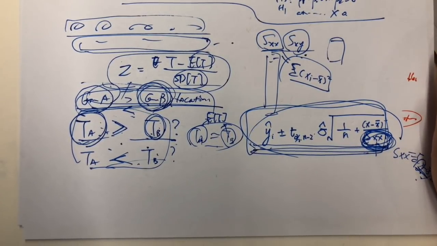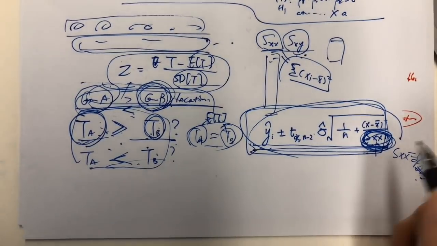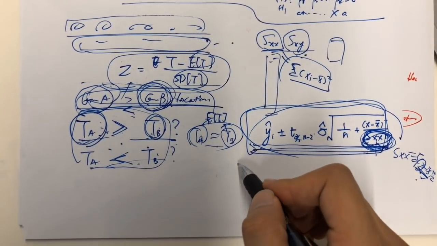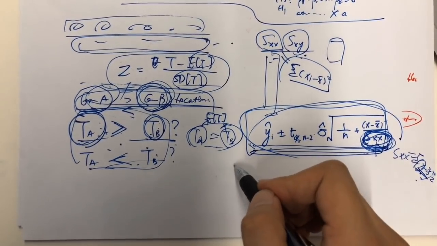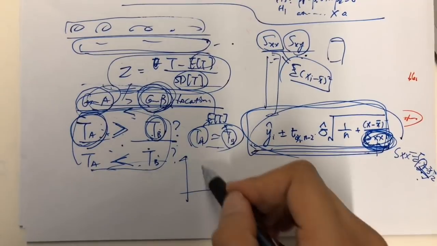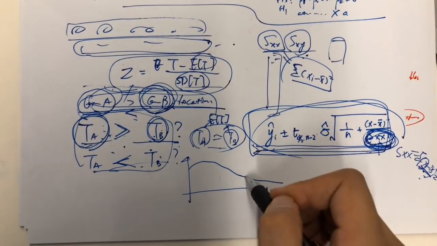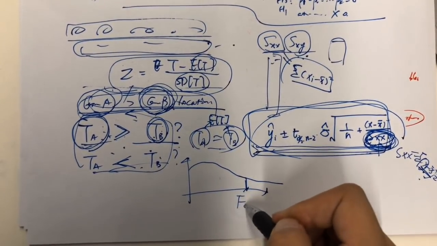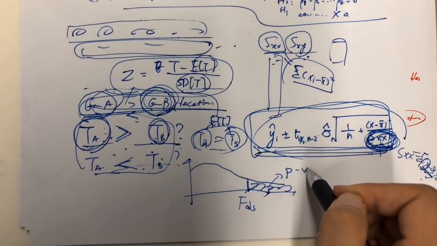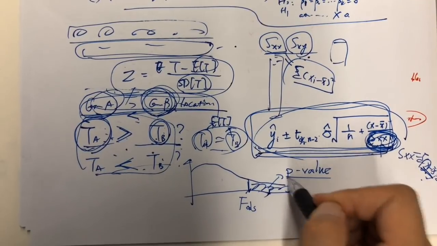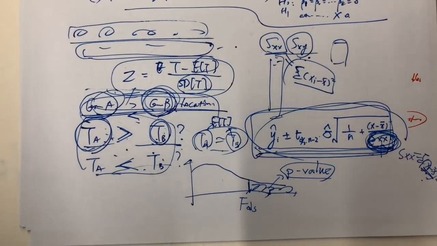How do we get a p-value from an F-test manually? Again, as I said, we cannot do that without using Excel, okay? But you need to understand that in an F-test, the p-value is the probability to the right of your observed F. You need to understand this, but it's impossible to calculate.